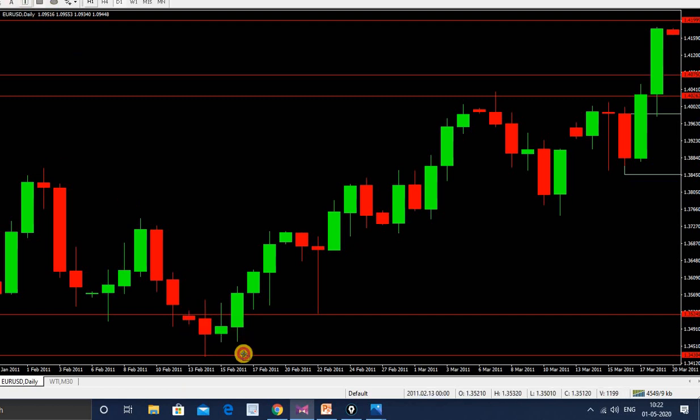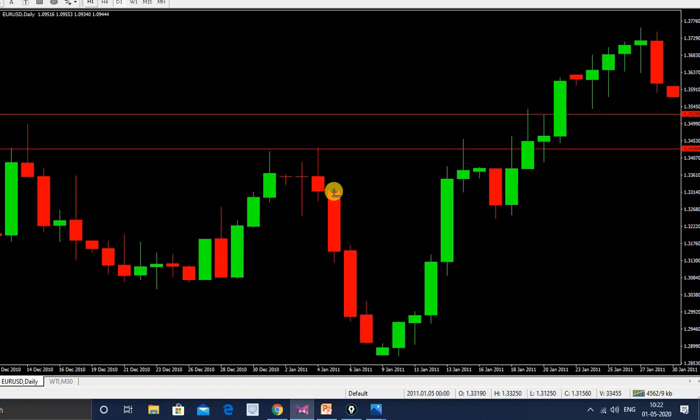So this is going to be our zone. You see how the price came here, touched the zone and then made a retracement. This was a pullback and then price moved further up. Now look here, this is a drop, base and a rally.